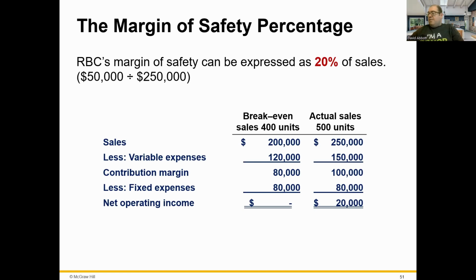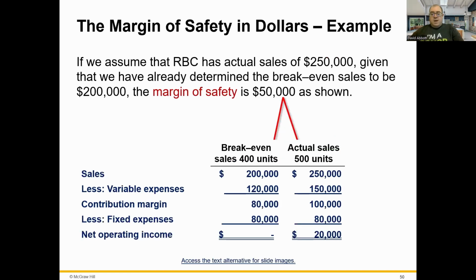And so for this, if they were to sell 500 units, we can calculate the margin of safety, and we could also express it as a percentage. Over here, we did it in dollars, which is 50,000, because 200,000 was our break-even point of sales.